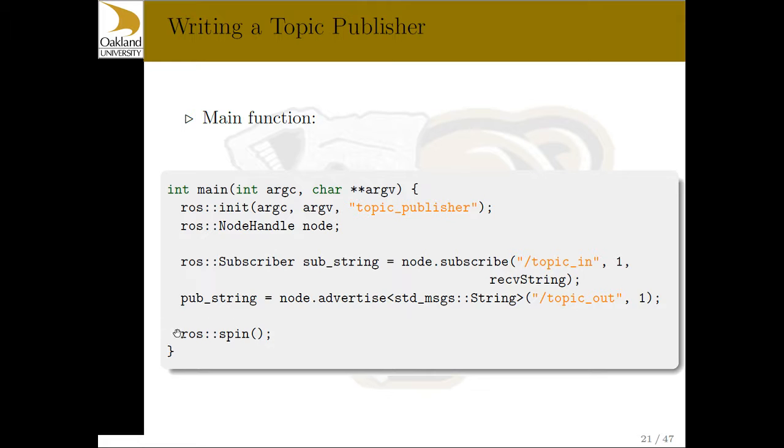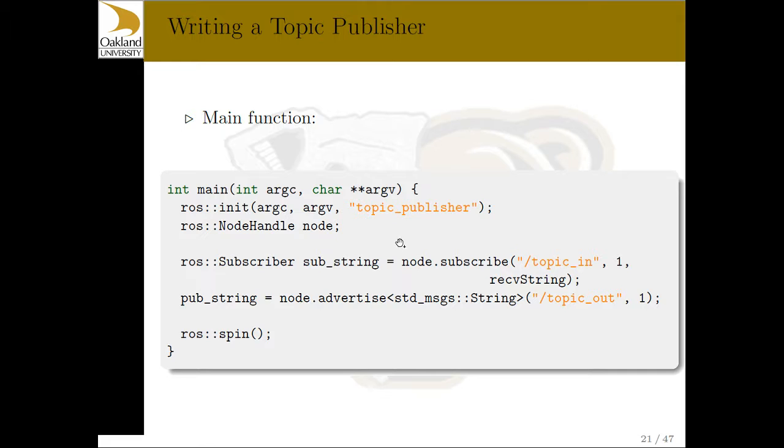And then finally, there's this ROS spin command. In the two examples we just did, we ran a program and it just immediately stopped. We multiplied two numbers, stop. Computed factorials, stop. In general, ROS programs should just keep running forever until you stop the system. So what ROS spin does is it'll hit this line and sit here forever until the user kills the system.